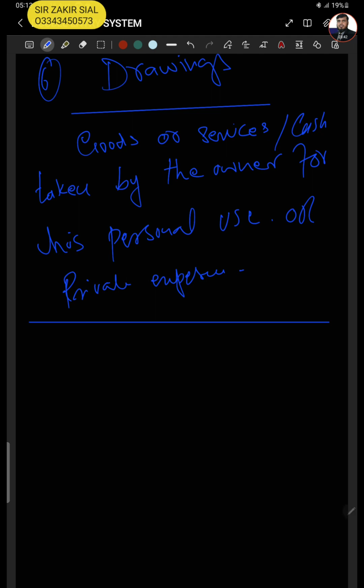In the double entry system, there are two sides of an account whenever we are recording transactions in the business.